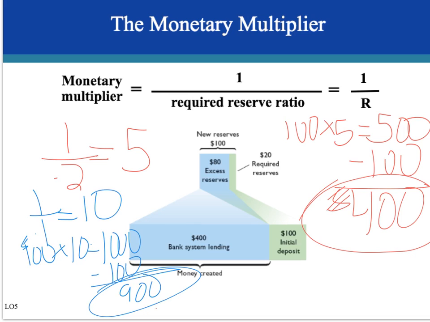As long as money is deposited at each stage, then the initial $100, if the reserve ratio was 0.1, could create an additional $900. Okay. And this is how money is created through the banking system. It is created through the lending of excess reserves.